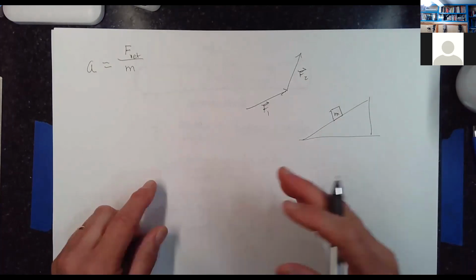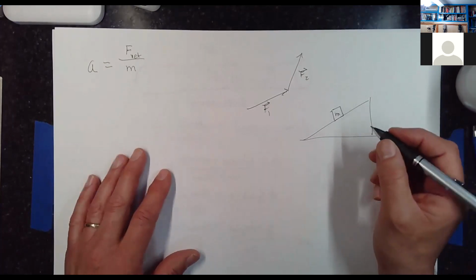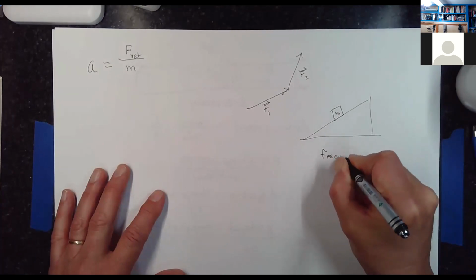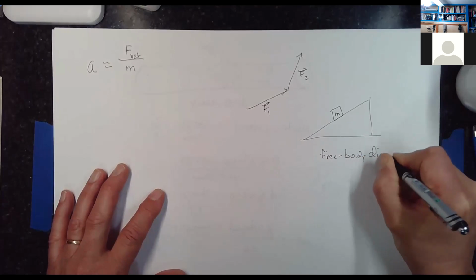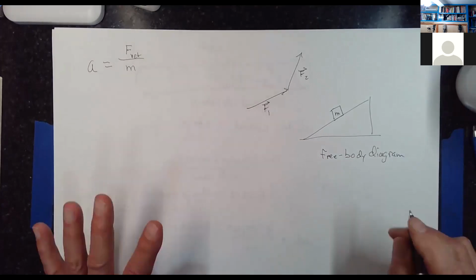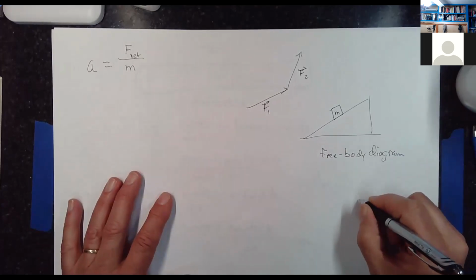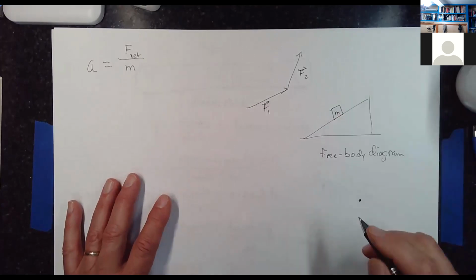And then there's something we make called a free body diagram. A free body diagram is just a way of showing the forces. And when you make one, you start off by just drawing a dot that represents the object, like the mass or something like that.